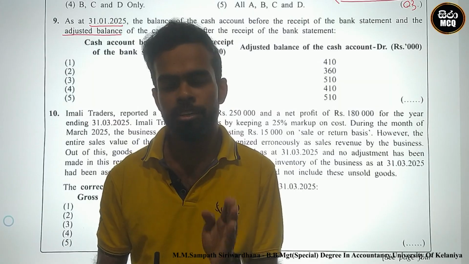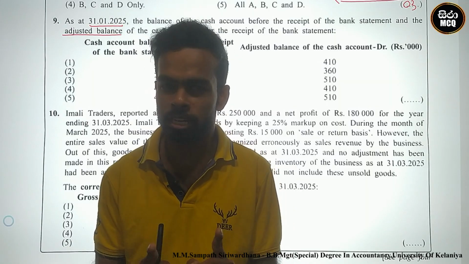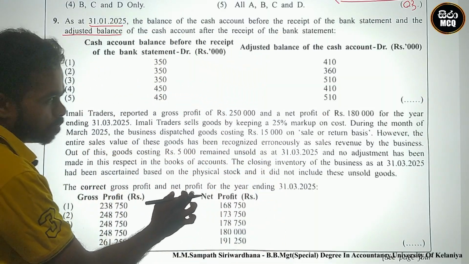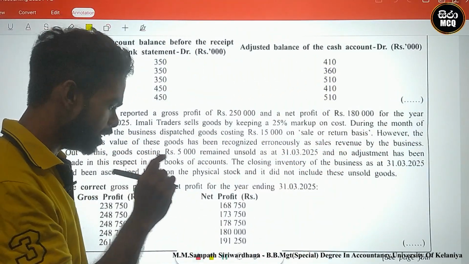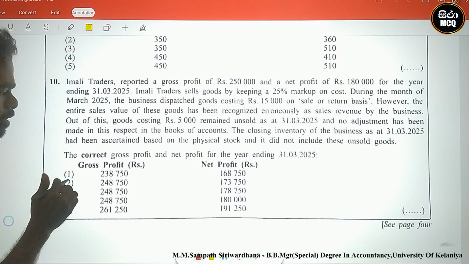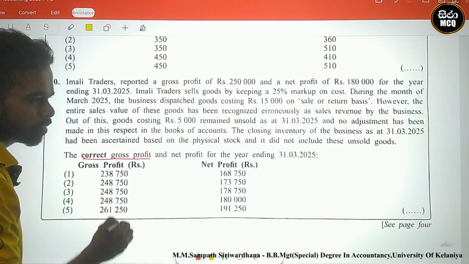Today we discuss the Advanced Level accounting paper 2025, question number 10. There is one question, but they request two identifications. What are the requirements? The correct gross profit.